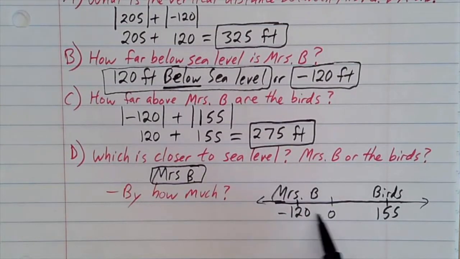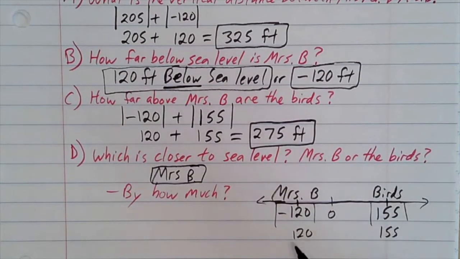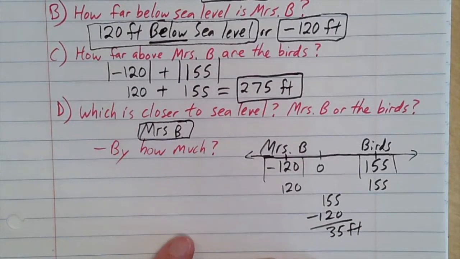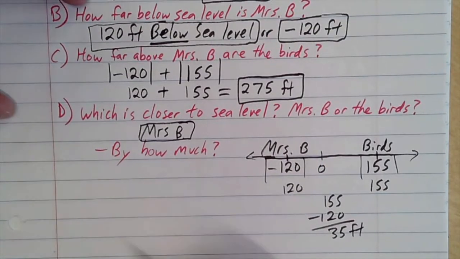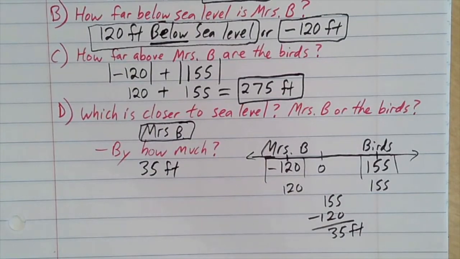So you're trying to figure out the difference between the one that's 120 away and the one that's 155 away. Taking their absolute values, you can subtract them to find their difference. So 155 minus 120: I am 35 feet closer to sea level than they are. I just happen to be below sea level and they're above sea level, but I'm still 35 feet closer to zero than they are.